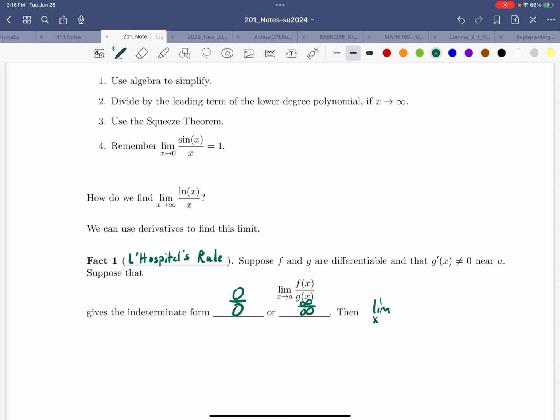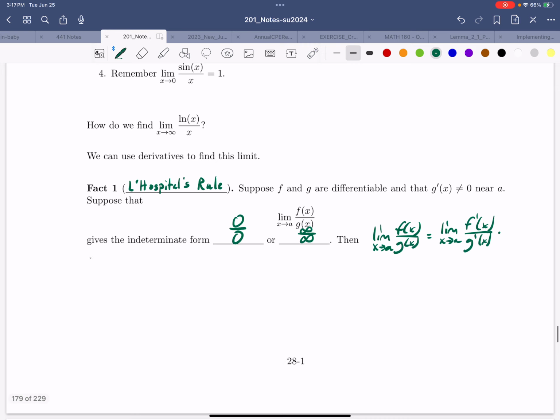The limit as x approaches a of f of x over g of x equals the limit as x approaches a of f prime of x over g prime of x. So it turns out, if you take a limit and you're stuck with an indeterminate form, then just take the derivative of the top, take the derivative of the bottom, and try again. Maybe the limit will be easier.